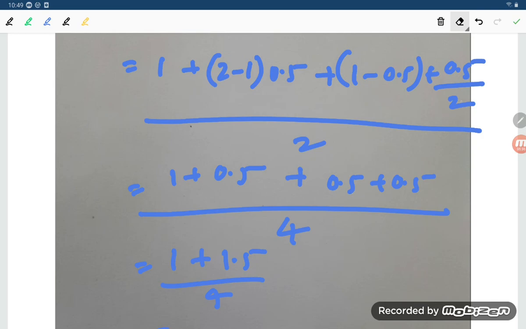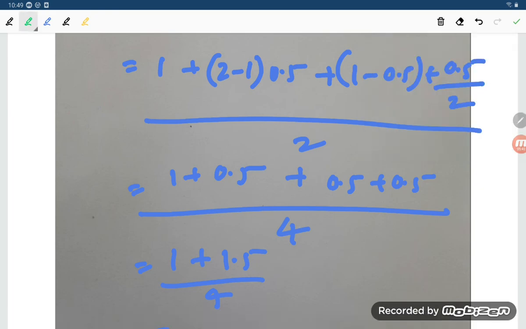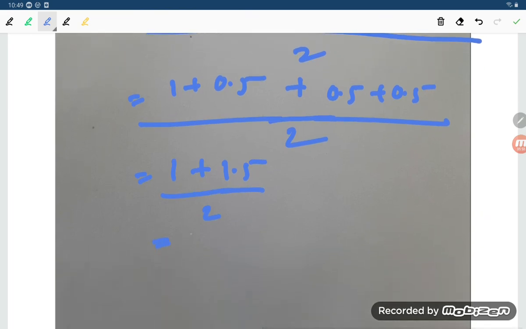So you don't take this in the denominator. If you take this in the denominator, it will create a problem, student. So let the denominator be 2 only. So how much value will come, student? That is 2.5 upon 2, and it is coming 1.25. So i is equal to 1.25.